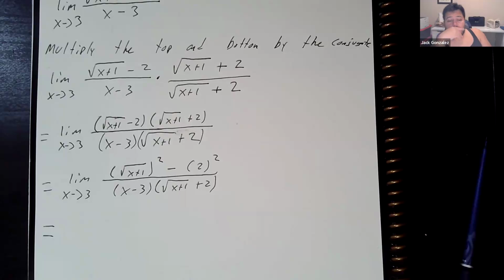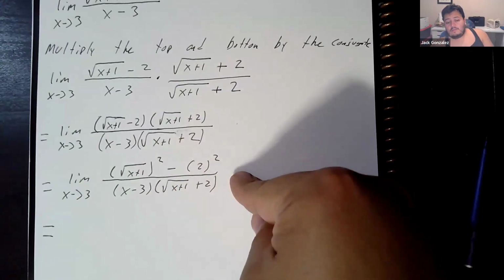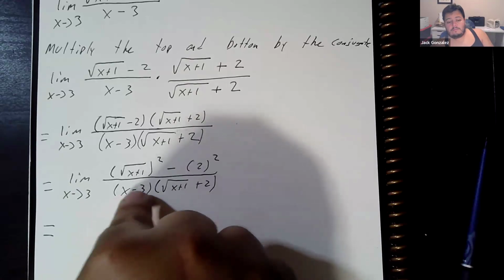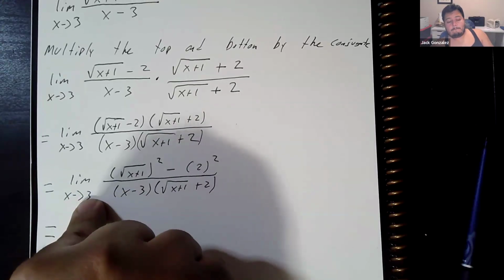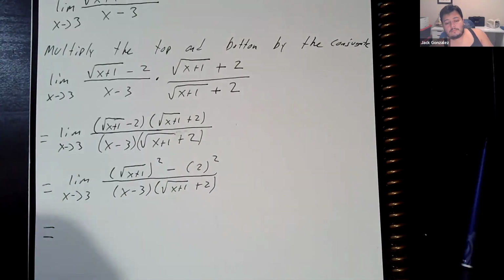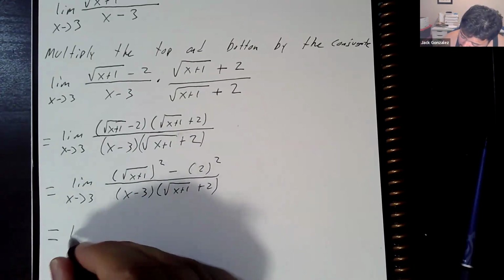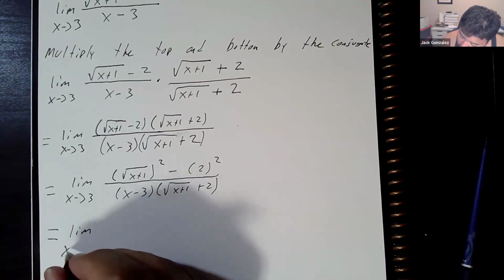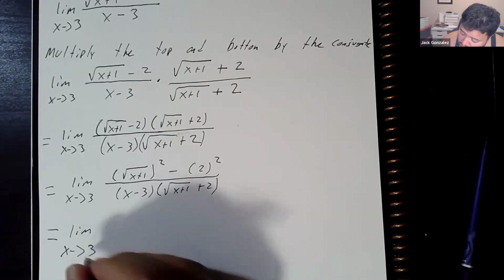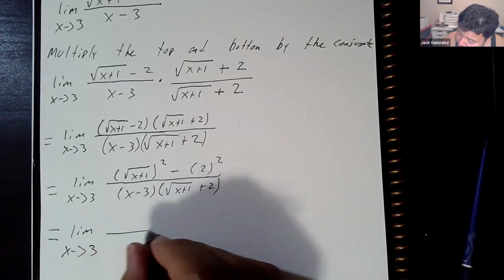So we're hoping by doing this that maybe this will cancel, and then I can plug in the 3. That's the purpose. Let's see if it works. I don't know. But when you're doing limits and you see radicals, just multiply by the conjugate and see what happens.